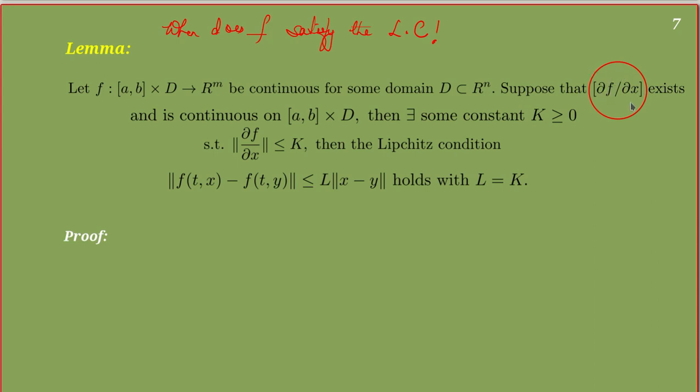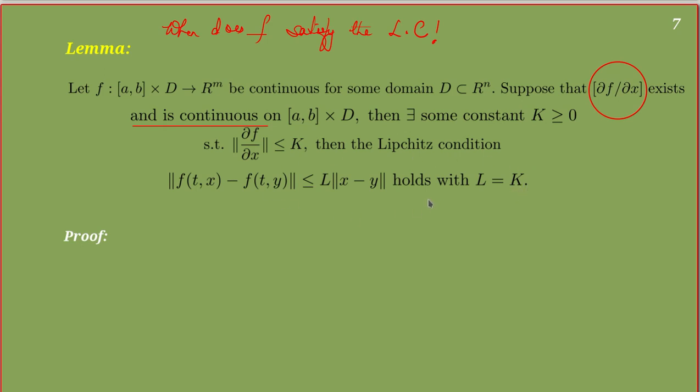That means the partial derivative of f with respect to x exists, and if it is continuous, and if we can find some k greater than 0 such that |∂f/∂x| is less than or equal to k, then the Lipschitz condition holds with L equal to k.